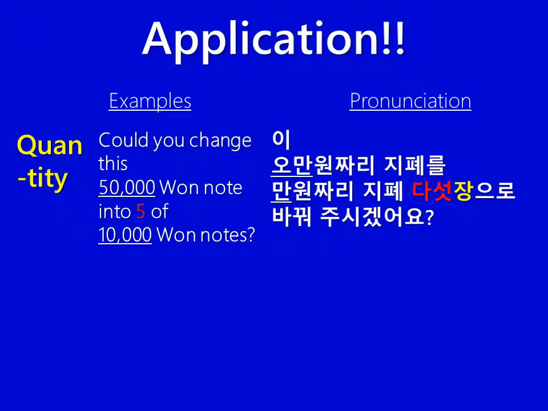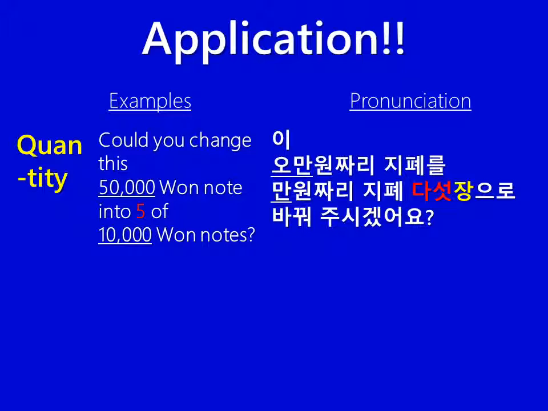Then in Korean you'll say this 5만 원짜리 지폐를. 5만 is 50,000, okay, won is Korean currency, 짜리 지폐를. 지폐 is like a worth of note.